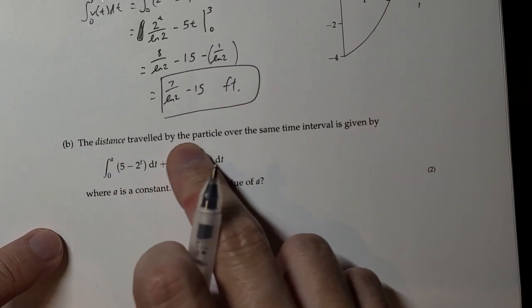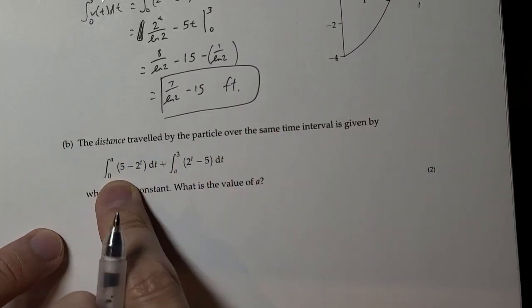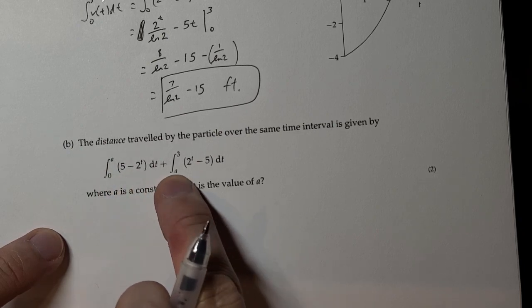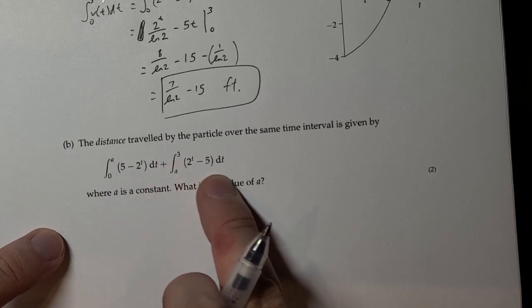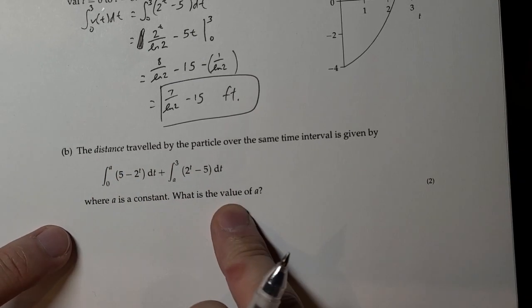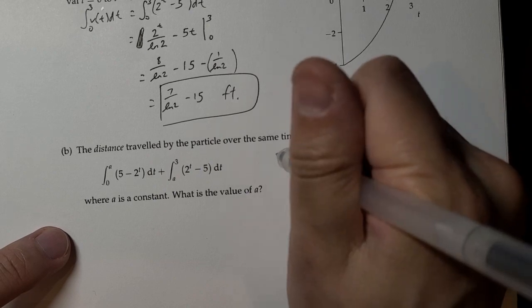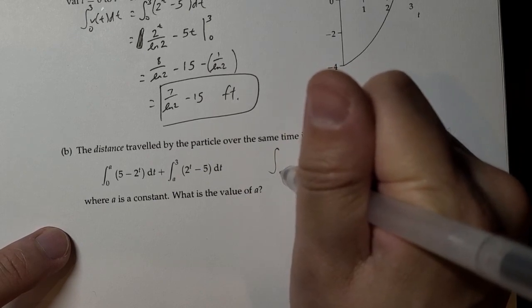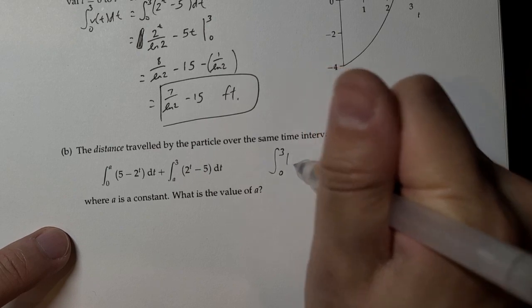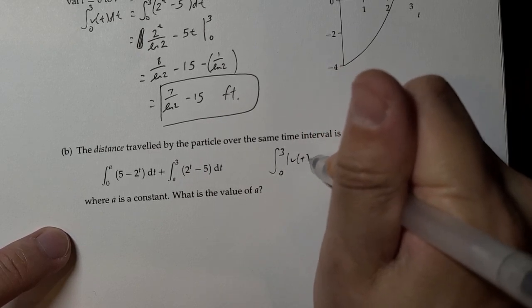The distance traveled by the particle over the same time interval is given by the integral from 0 to a of 5 minus 2 to the t dt, plus the integral from a to 3 of 2 to the t minus 5 dt. This is the total distance traveled, where a is a constant. What is the value of a? Essentially we were trying to find the integral from 0 to 3 of the absolute value of v of t dt.